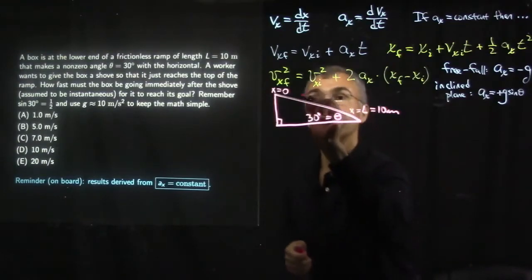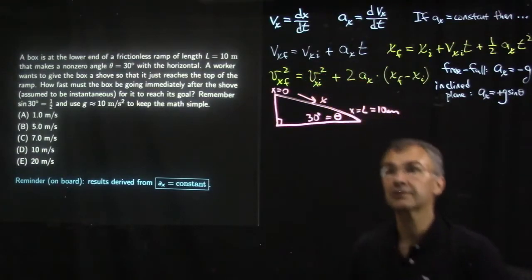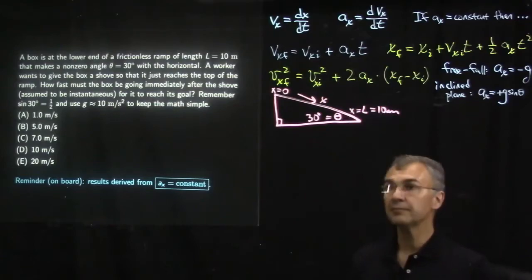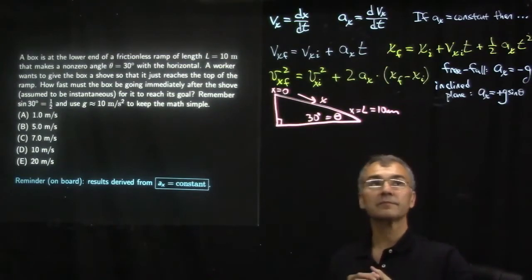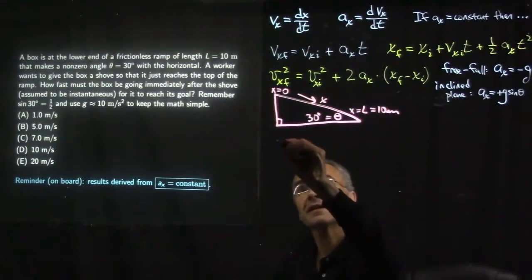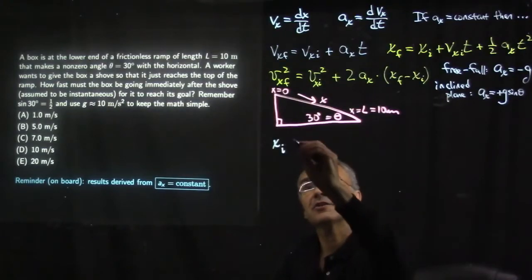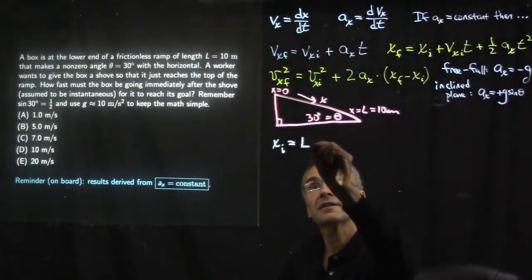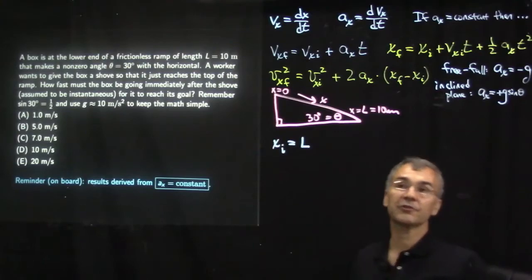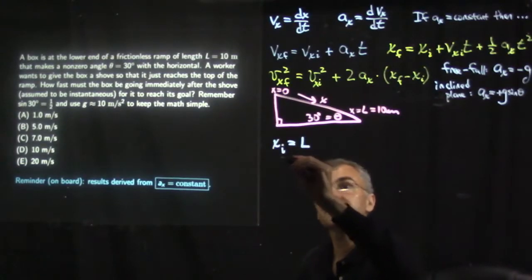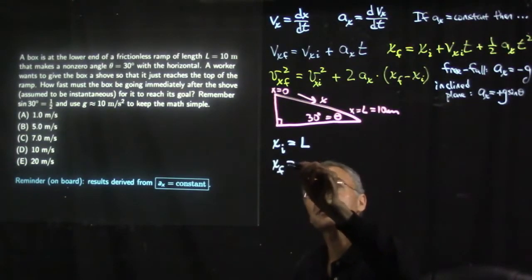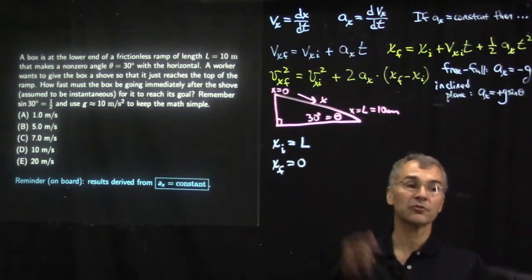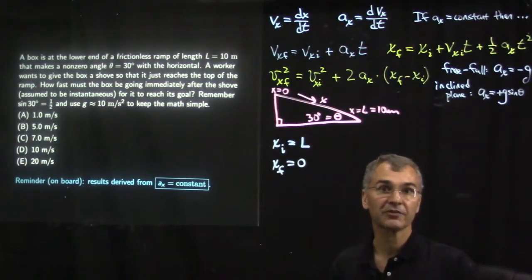The x-axis points downhill. So x initial is L, which is 10 meters, and x final is 0, because we want it just to reach the top of the ramp, which is x equals 0.